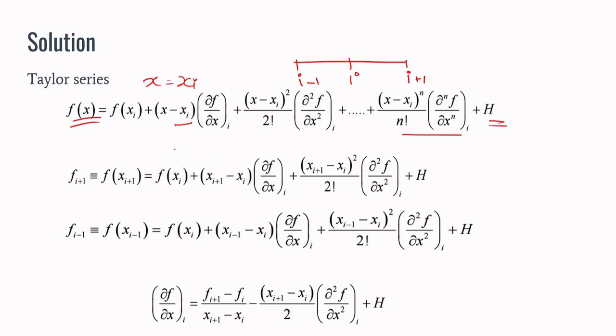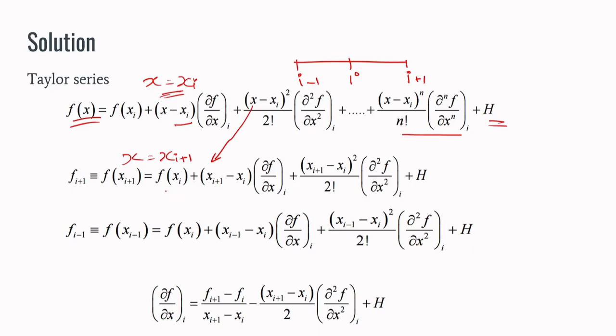If we are applying this at the i plus one point, here it was applied at the ith point. Suppose we are taking it at i plus one. So here x is equal to x i plus one. So we are simply changing this x here to x of i plus one.